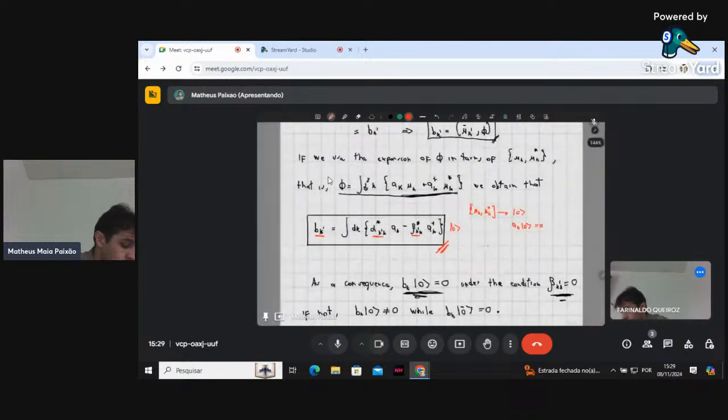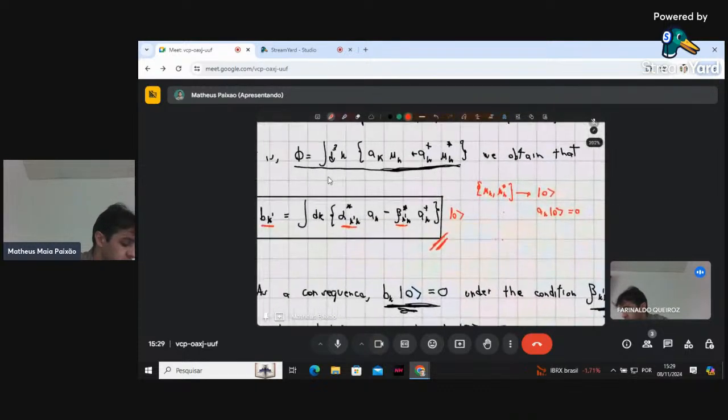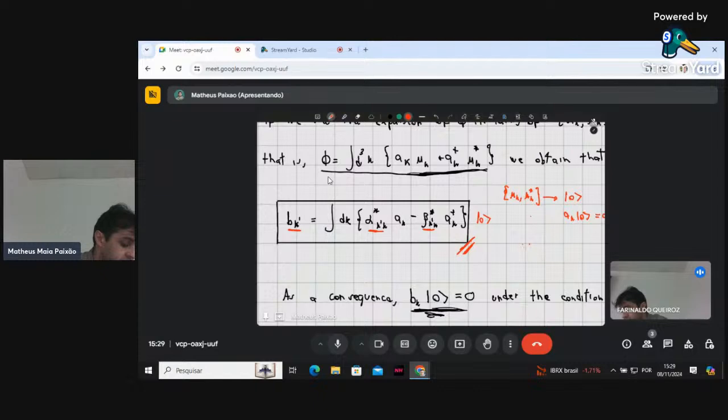So the only possibility that the vacuums are going to be equivalent is that my coefficient beta is 0.